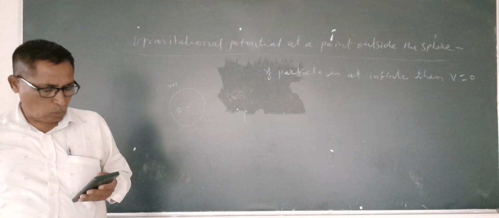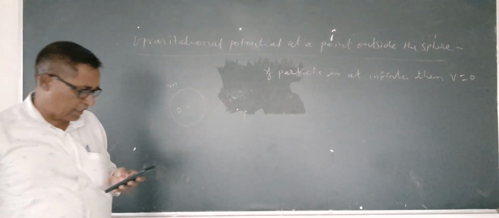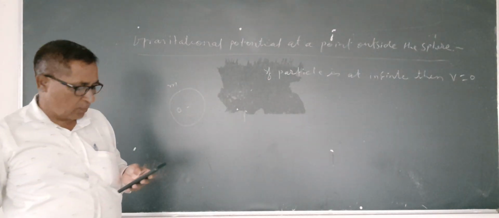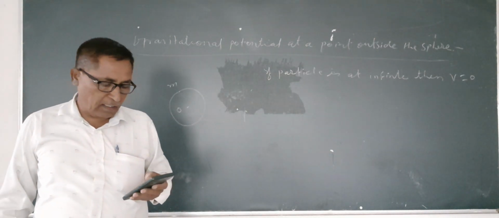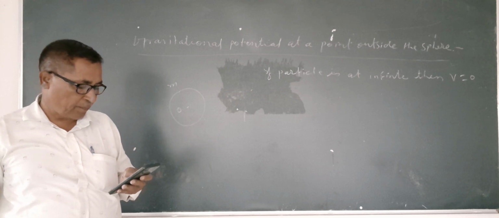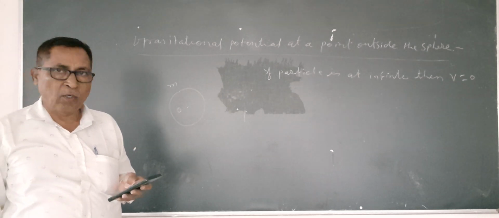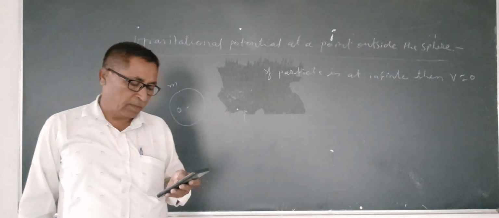The gravitational potential at a point in the gravitational field of a body is the amount of work done on the unit mass.